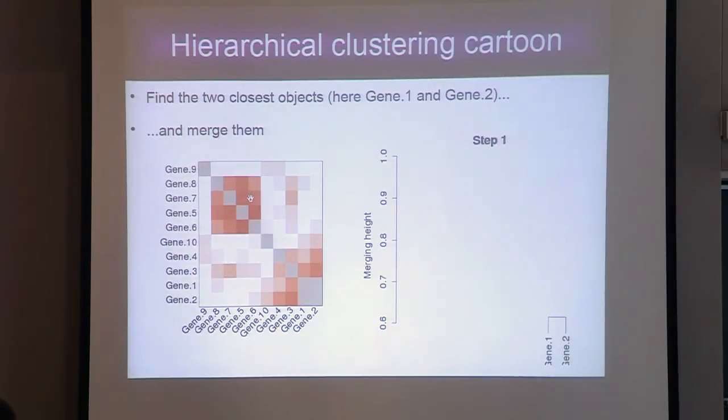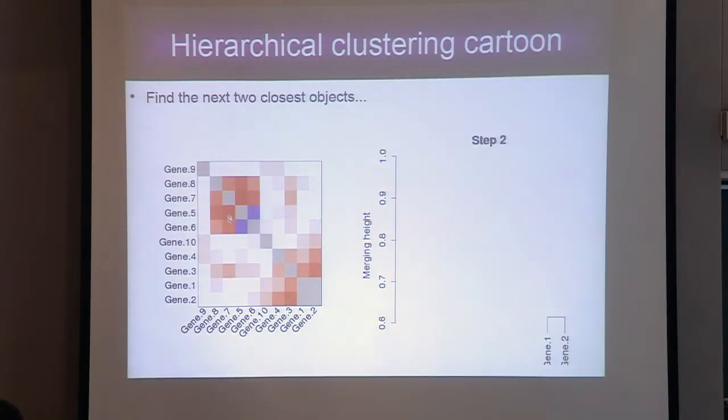So there are 8 original objects and 1 composite object. You're simply looking for the shortest distance between either two regular objects or a regular object and a composite object. It turns out that these two are now the closest ones, so you merge them. And again, the merging height here is the number that was between the two. Now we have two small branches and 6 leftover individual objects.